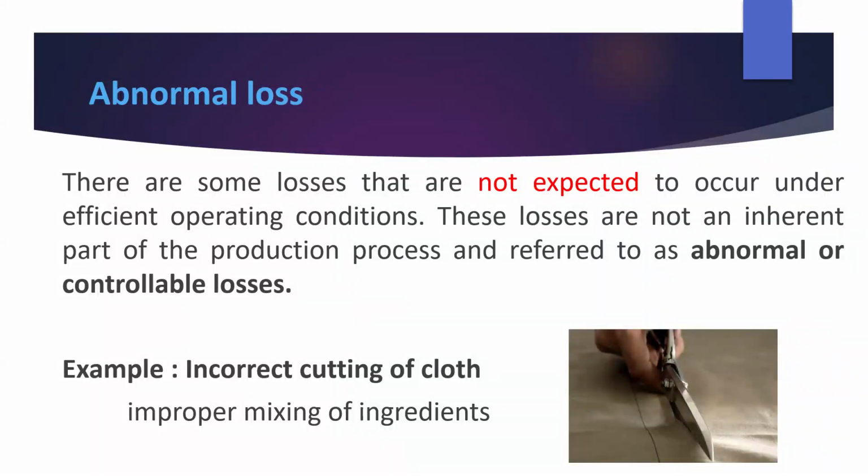So, when you're preparing for the new year, if you have mixed different ingredients in an improper manner, the output can be totally different. You are expecting to make a cake, but at the end, you can see a bulldog. Likewise, the abnormal losses can be avoided with proper efficient operating conditions.